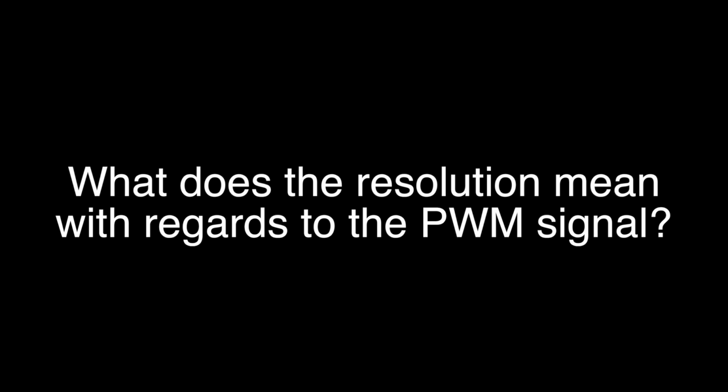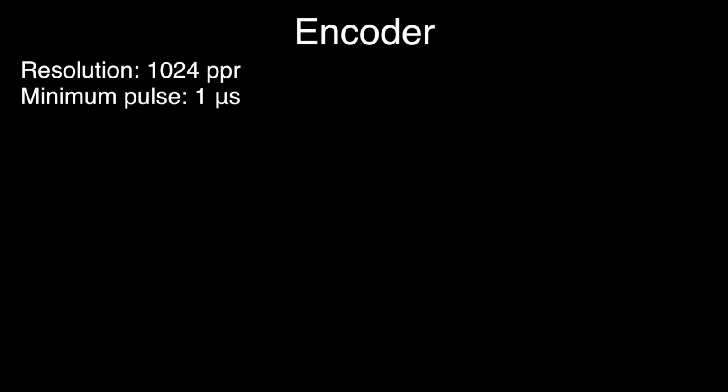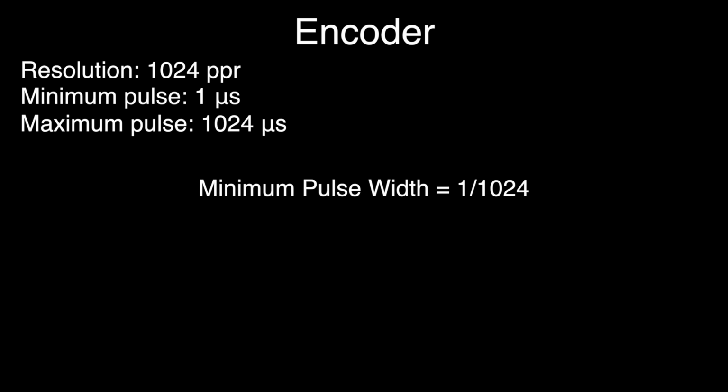So what does the resolution mean with regards to the PWM signal? For this sensor, we have a resolution of 1024 ppr with a minimum pulse of 1 microsecond and a maximum pulse of 1024 microseconds. This means that the minimum pulse width corresponds to 1 over 1024.